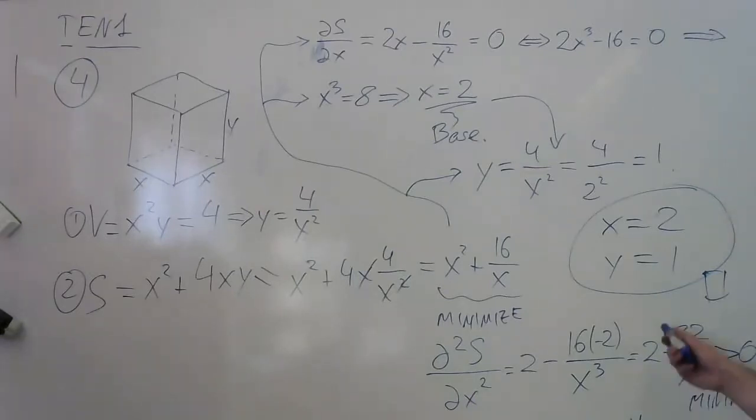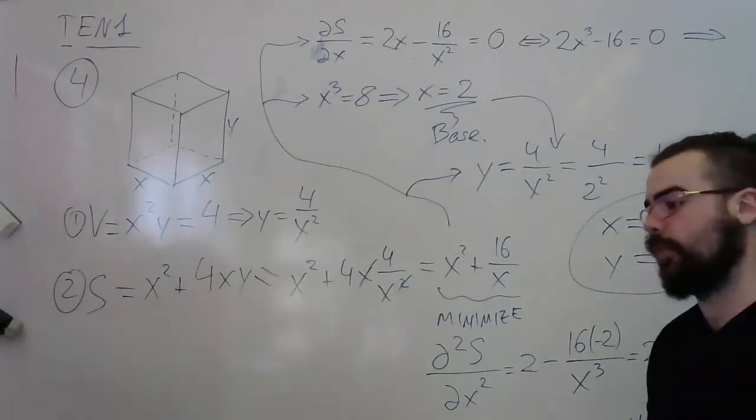The height of the box is 1. 1 meter. One decimeter, 1 over 10 meters.